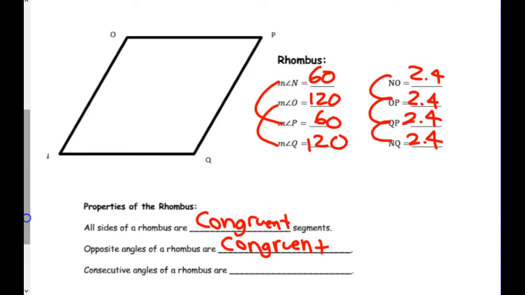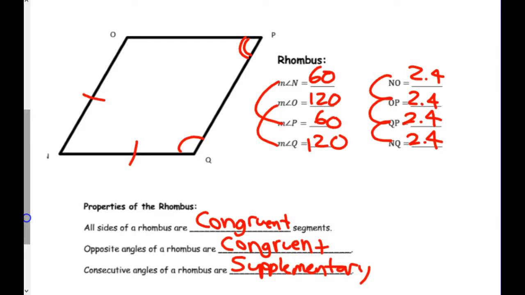Consecutive angles. Okay, so here, this is what I mean by consecutive angle. Angle Q and angle P. Obtuse, acute. Together, they would make a straight line. What's that word? Supplementary. Right? So let's label everything here.